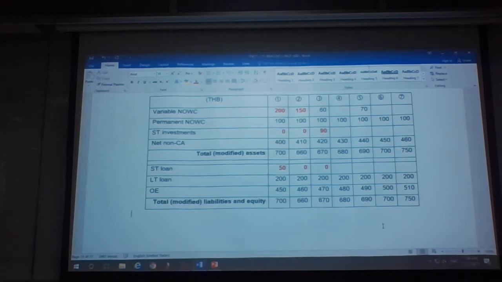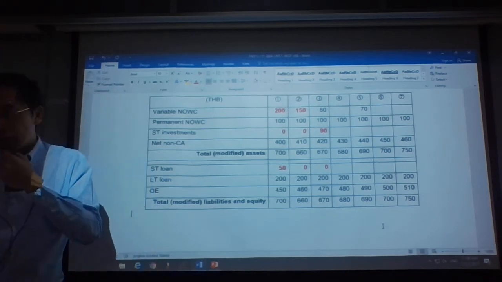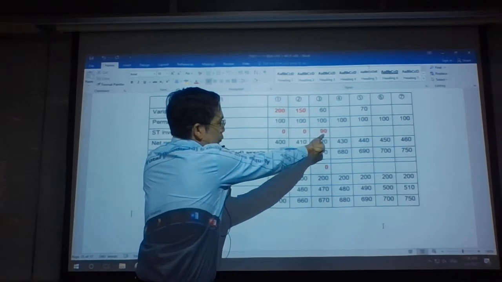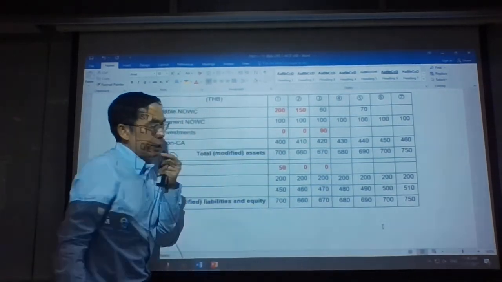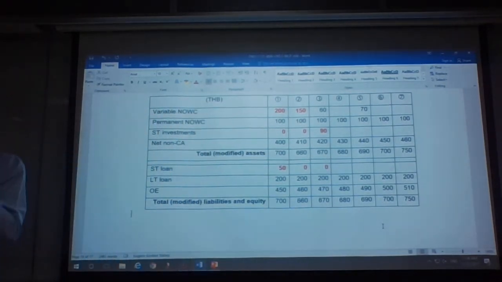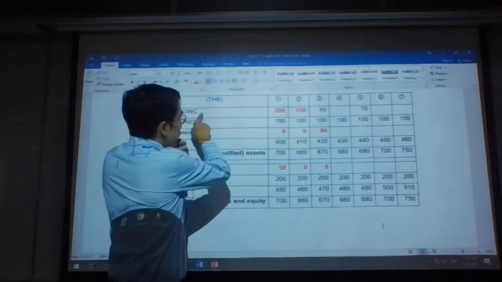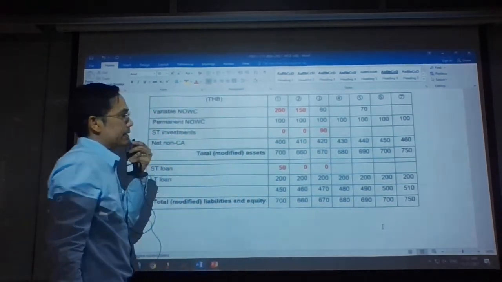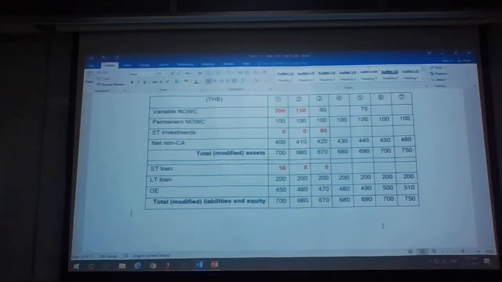And second, at point 3, there is some excess cash, so the firm transfers excess cash into marketable securities. So at point 3, marketable securities must be positive. If we assume that variable NOWC is equal to 60, this one must be 90, so that you have 670 for the total assets.